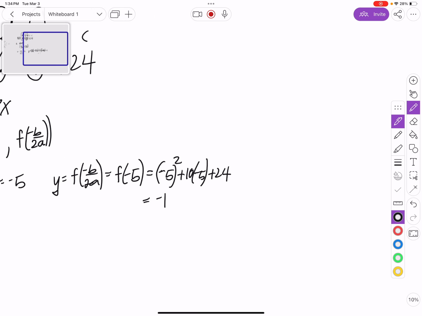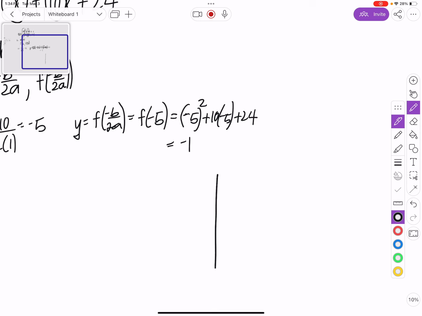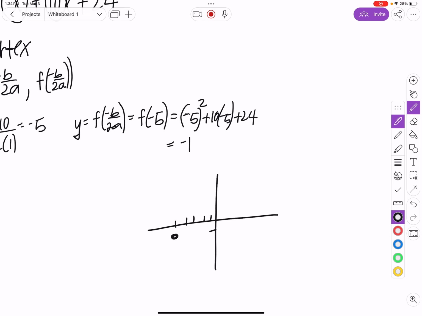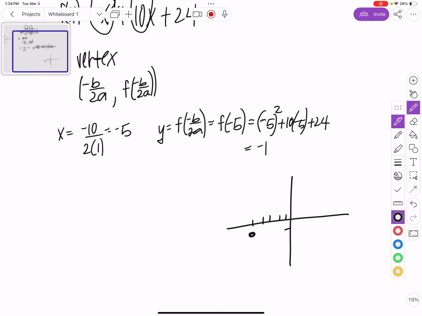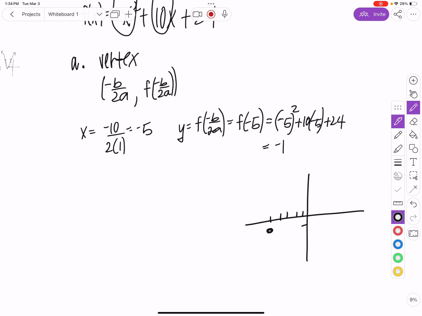So let me just draw a quick little graph. Negative 5, negative 1. Okay, so the next question asks, does this graph open upward or downward?